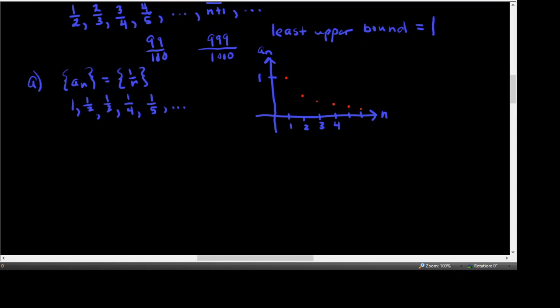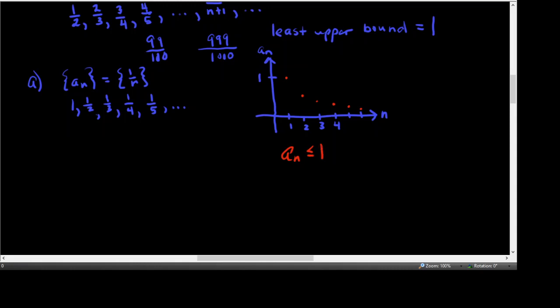I believe it does. It is bounded above. The very largest value we get is 1, and every other one does not exceed that. So all terms of this sequence are less than or equal to 1.